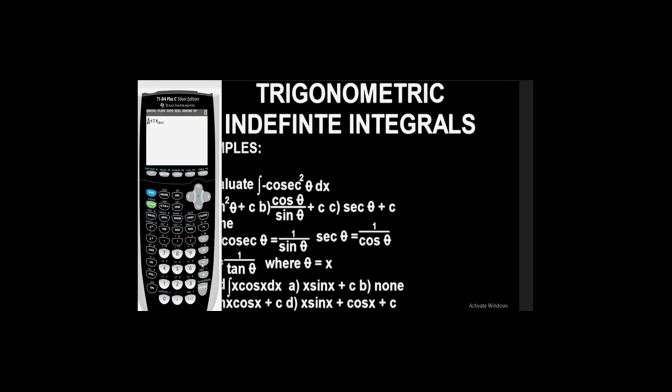This one will work. Let's try this one. So we have minus sine square theta, which is the same thing as minus sine theta. We replace theta with x. Then we close the brackets and then put your square. Press this button. So this is it, guys.